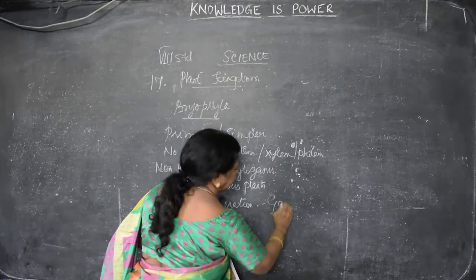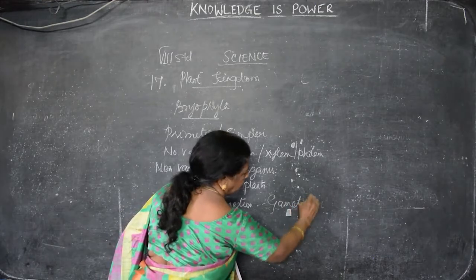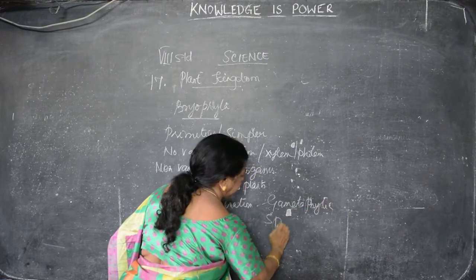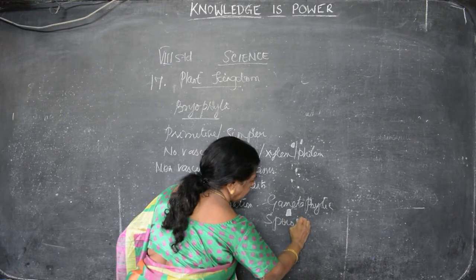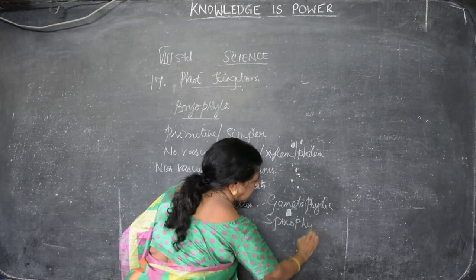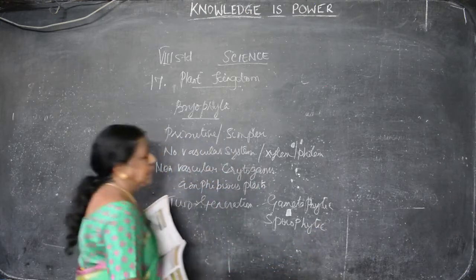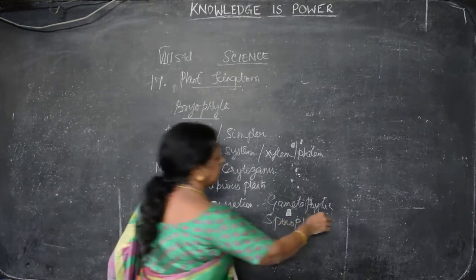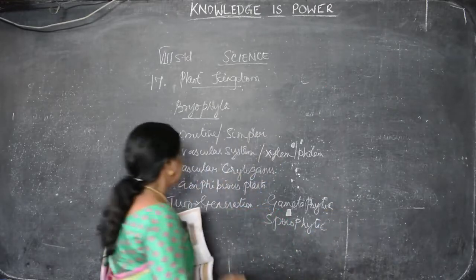One is gametophytic, the other one is sporophytic. Unless it completes 2 cycles, they cannot complete a generation. One is in water, the other one is on land, like that.